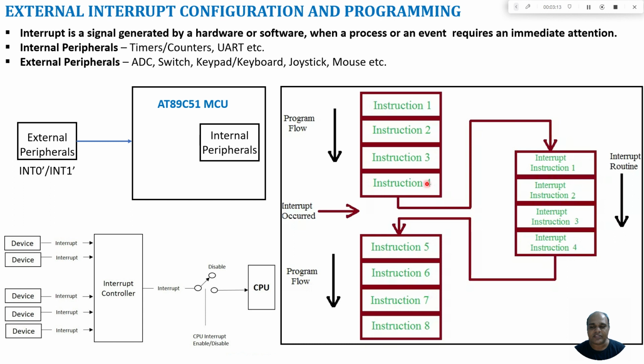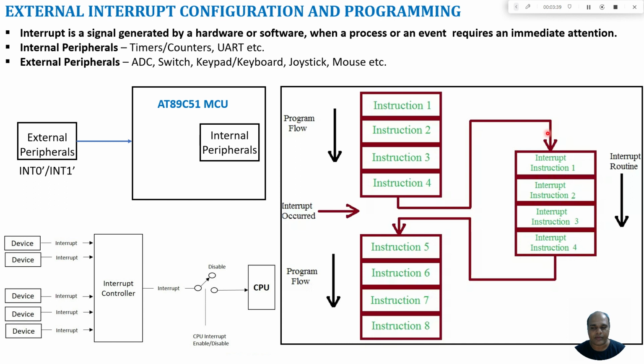The current instruction execution by the CPU is completed, and then the context, in the sense the supporting registers for the main program and the return address for our main program, are all saved onto a stack memory, and then the program execution goes to an interrupt service routine. The interrupt service routine is nothing but the program related to the interrupt.